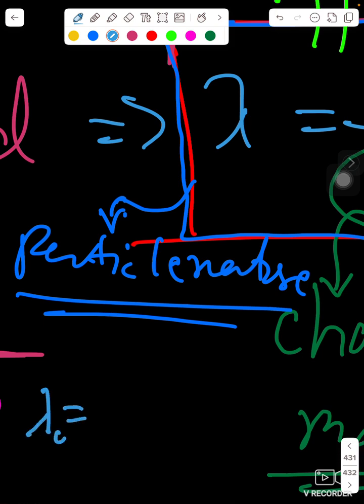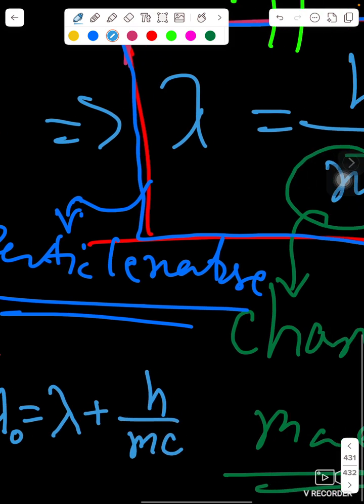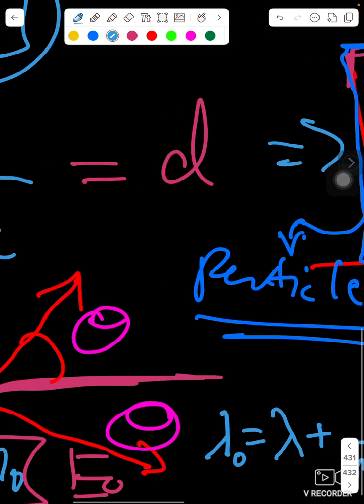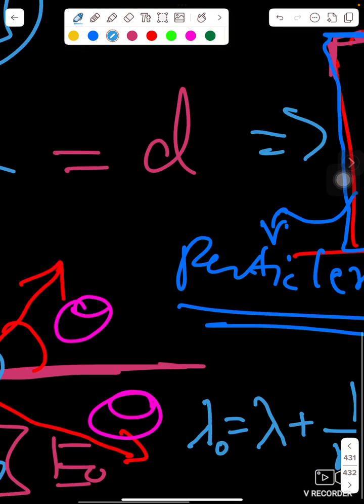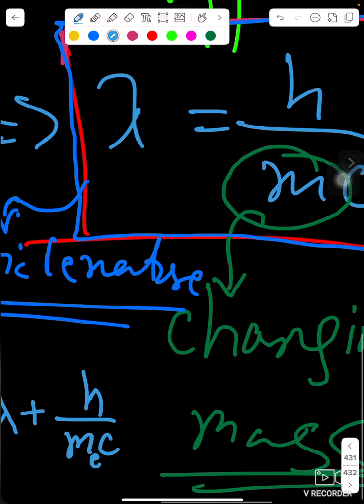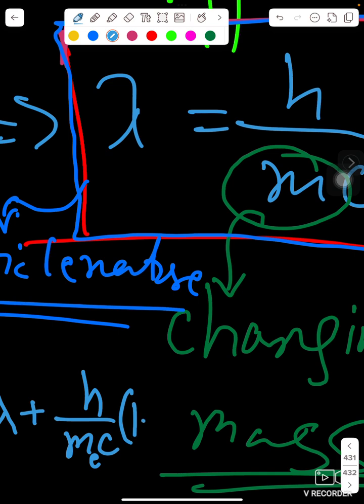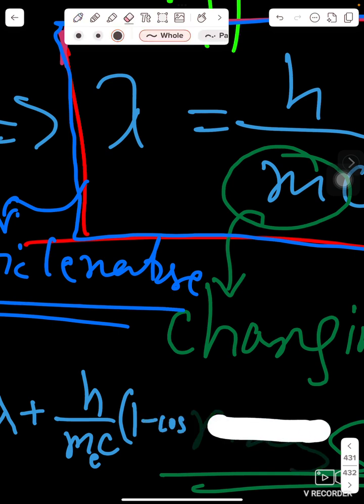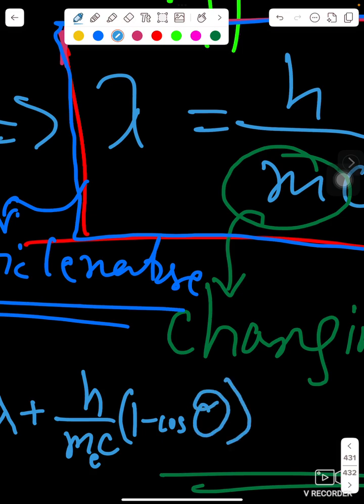The scattering wavelength is the initial wavelength plus the Compton wavelength term, where the Compton wavelength involves the mass of the electron we're talking about, multiplied by 1 minus cos theta.